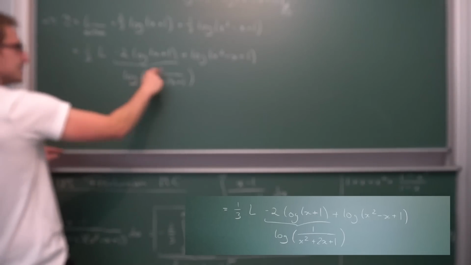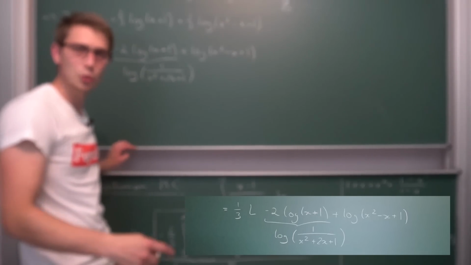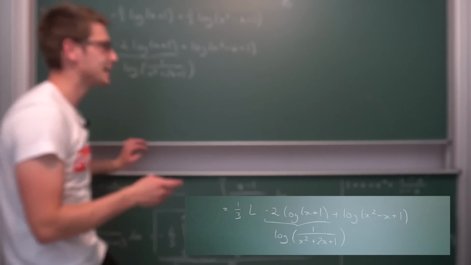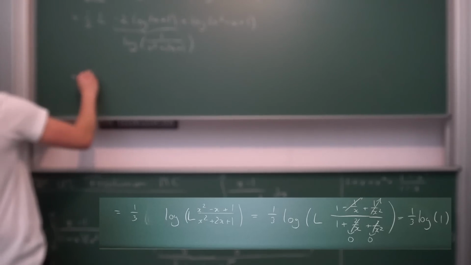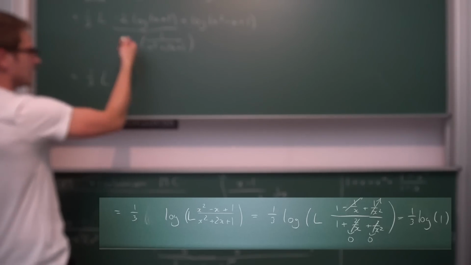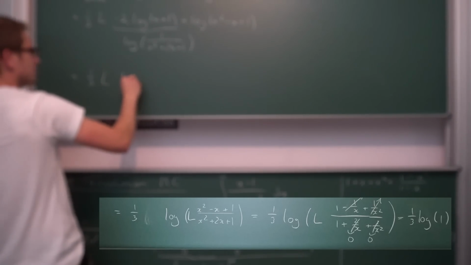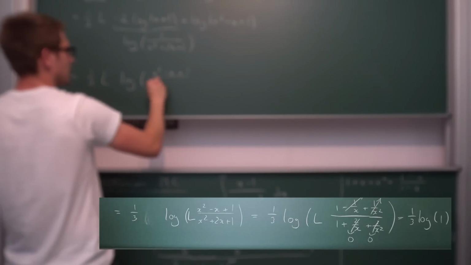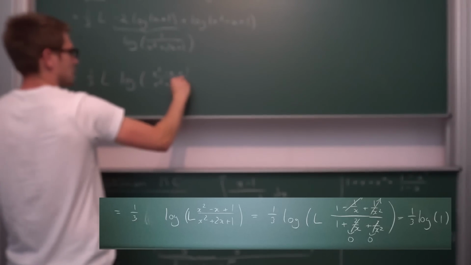And now we got the addition of 2 logarithms, and adding logarithms together is going to result in the multiplication of the arguments. Meaning overall we are going to get 1/3 times the limit as x approaches infinity of the natural log of x squared minus x plus 1 divided by x squared plus 2x plus 1.